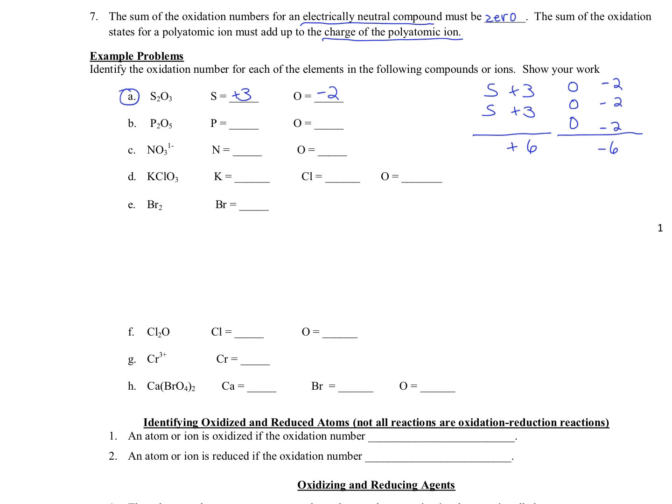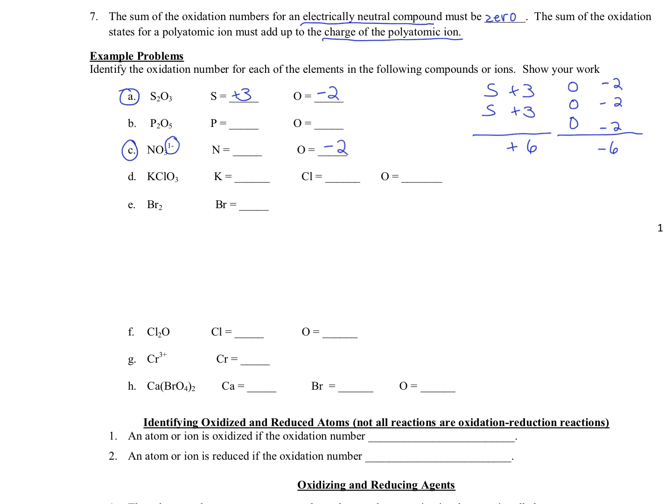The other one that I'm going to do for you is letter C. This is a polyatomic ion, and the charge here is important. When I add up my oxidation numbers of a polyatomic ion, they have to add up to the charge of the polyatomic ion. So these will have to add up to -1. Again, I'm going to assign oxygen first. So oxygen is -2.